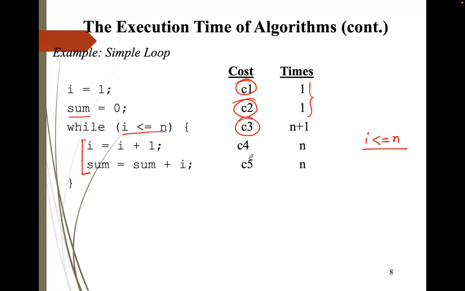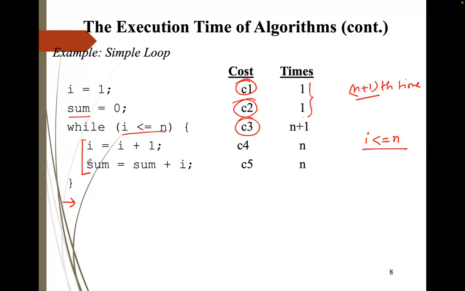But how many times will this statement be executed? This statement will be executed n plus 1 times. The last time, the (n plus 1)th time, it will find that this condition is false, and our program will exit from the while loop.